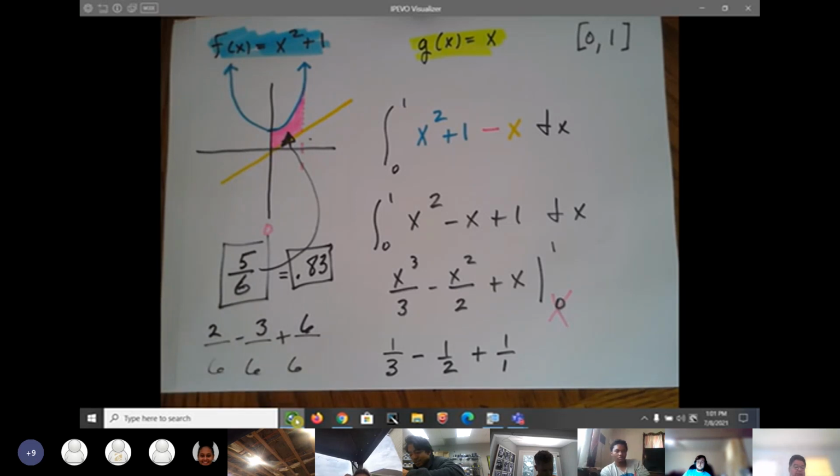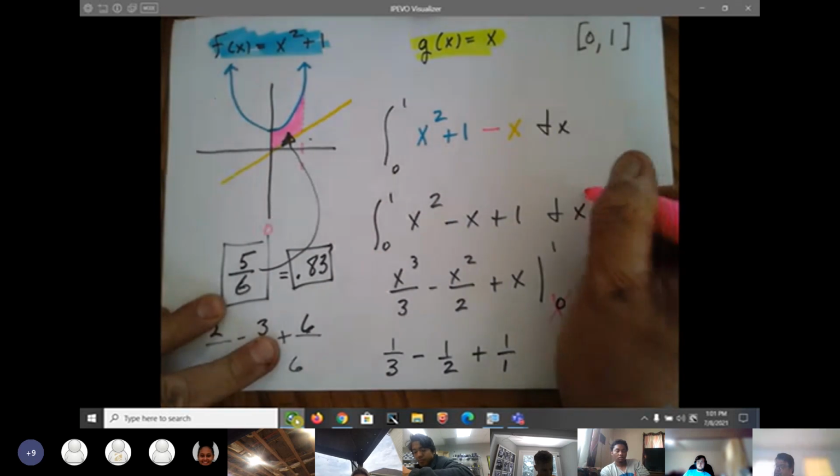So let's go to our handy dandy calculator. Somebody tell me, what do we type into the calculator? Well, you're going to type in the setup. Here's the setup.